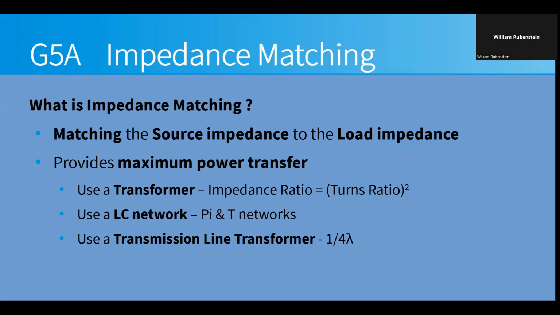So if we're looking at a typical transmitter, it's going to have a 50 ohm source impedance. So we would like the antenna to have 50 ohms. That normally doesn't happen. And the transmission line, whether it's coax or twin lead or whatever, needs to be the same impedance as source and load.